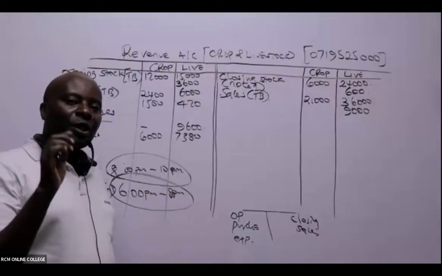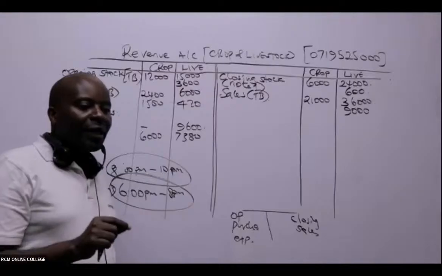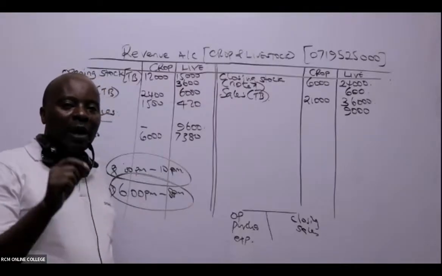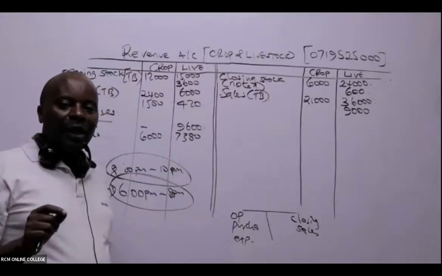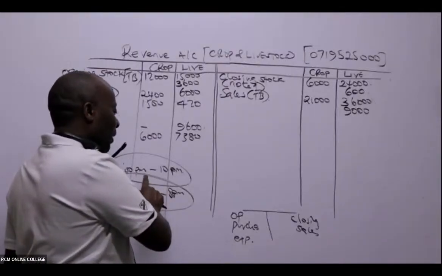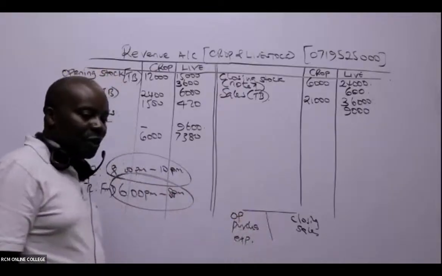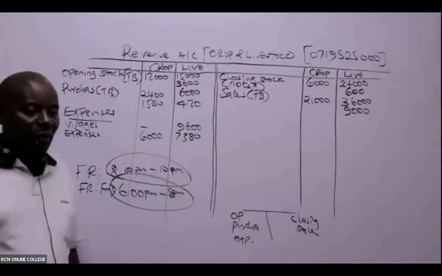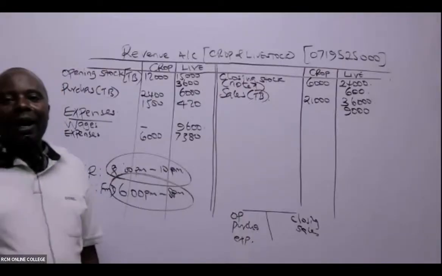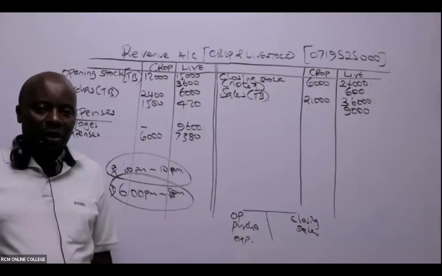So we have introduced a 6 p.m. to 8 p.m. session, Sauda, that will be taught by myself. The 8 p.m. to 10 p.m. session remains with their teachers. Nobody's chasing any teacher. This is just additional.